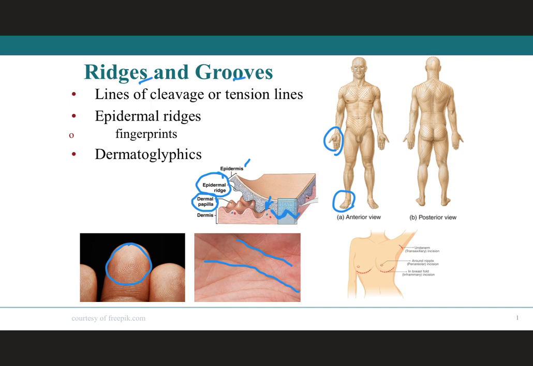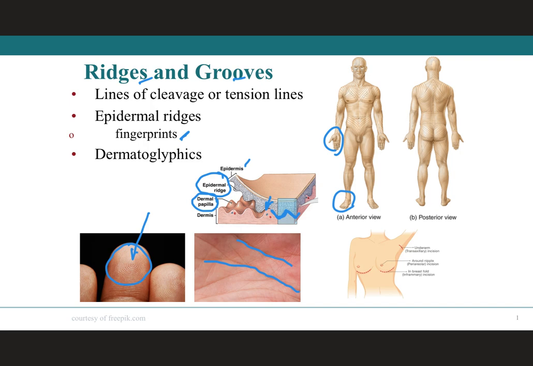Due to the fact that the ducts of the sweat glands, they open on top of these epidermal ridges as sweat pores, this means that the sweat in the ridges will form what we call fingerprints or footprints. This epidermal ridge pattern is usually in part genetically determined, but even identical twins, they do have different patterns.